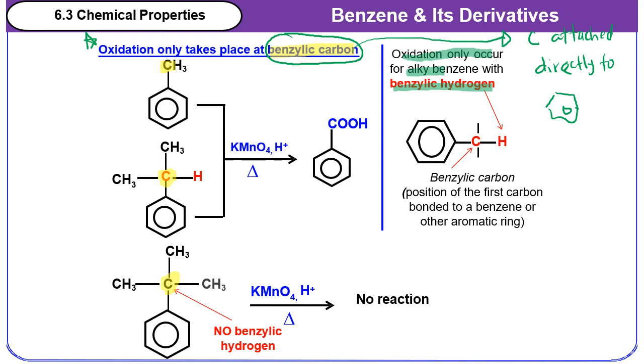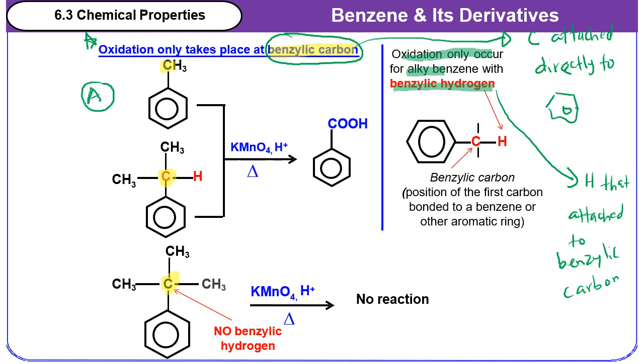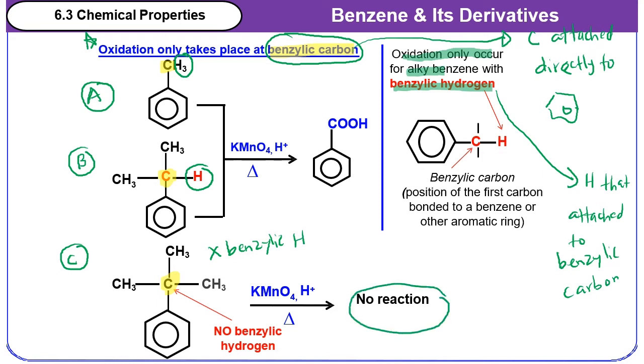It is hydrogen attached to the benzylic carbon. For compound A, we have 3 benzylic hydrogens. For structure B, only 1 benzylic hydrogen. And structure C has no benzylic hydrogen. So when there is no benzylic hydrogen, no reaction happens.